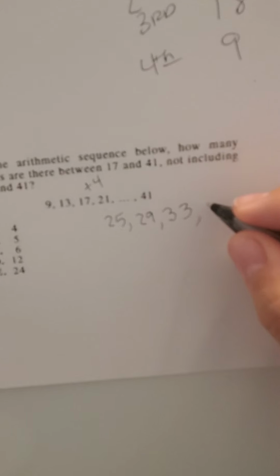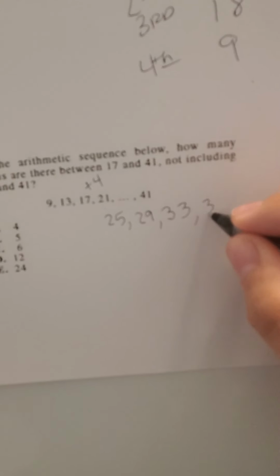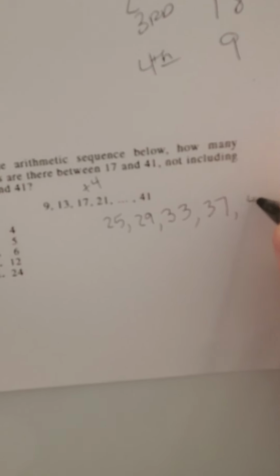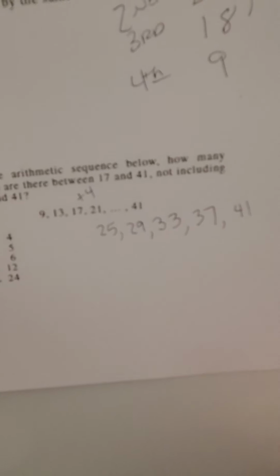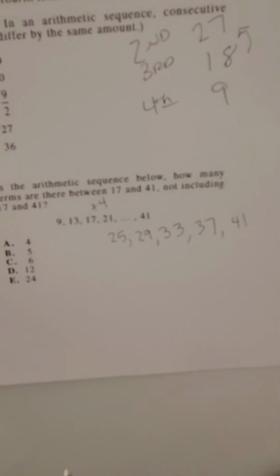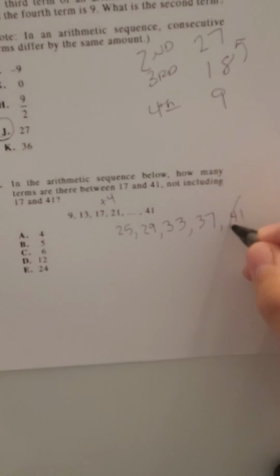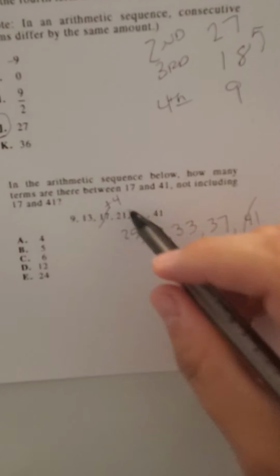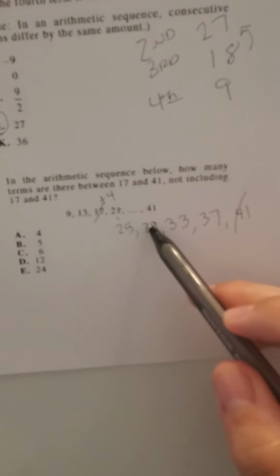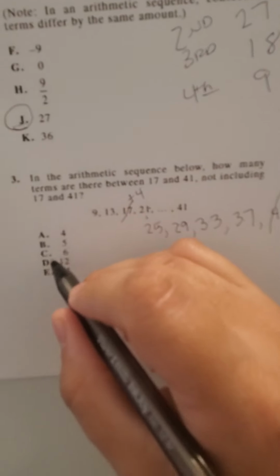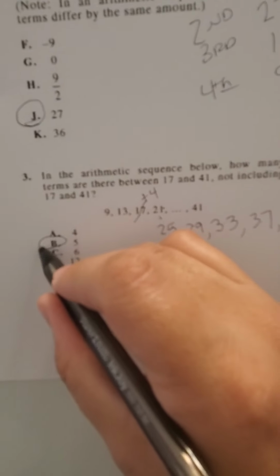Another 4 would give me 37, and another 4 would give me to that 41. So they want to know how many terms between 17 and 41 without counting those. So I'm not counting that, and I'm not counting that. So that's 1, 2, 3, 4, 5 terms. So my answer is B.